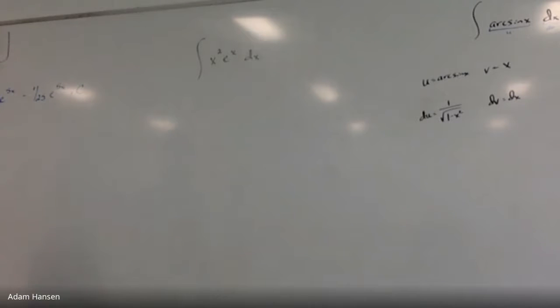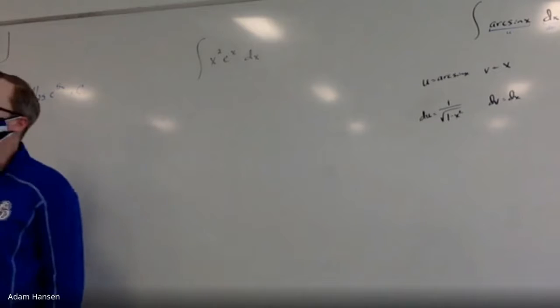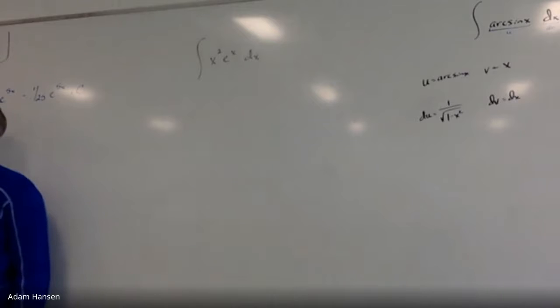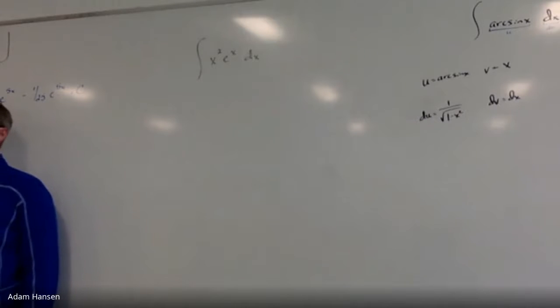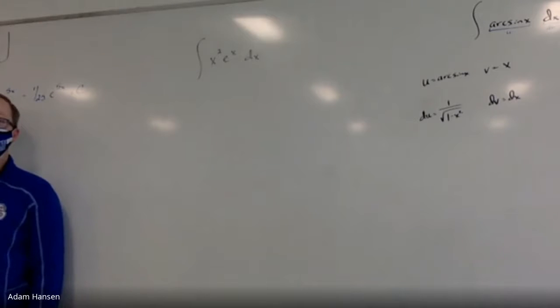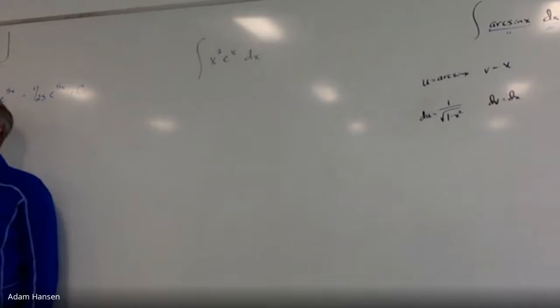I think in class yesterday, we did the antiderivative of x e to the x. What's different about this one? It's x squared. What we're going to actually have to do here is integration by parts twice. I can do integration by parts multiple times to reduce this down to its final answer.